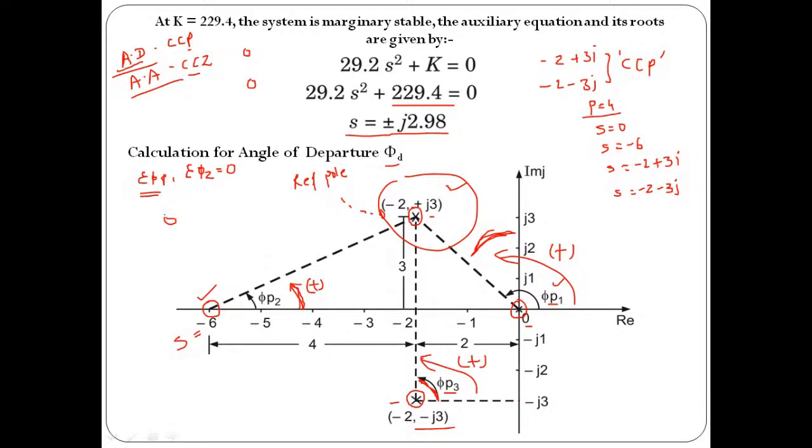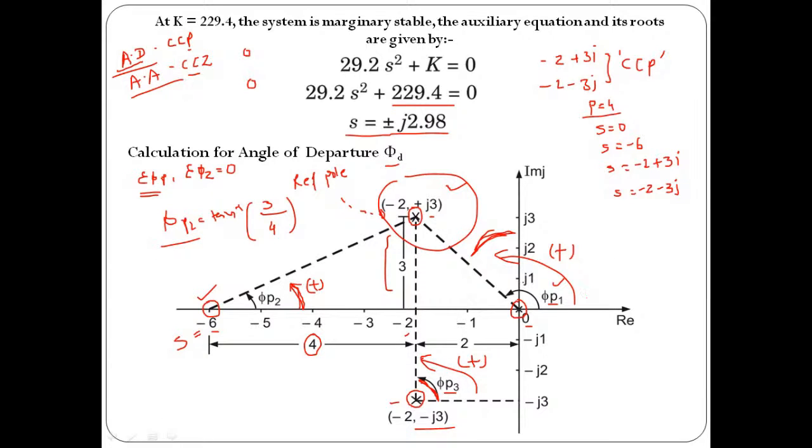So I can write phi p2 as tan inverse of opposite. This is nothing but a triangle, opposite is 3 divided by base. Here the base is going to be 4, because this is 6, this is 2. We need to calculate only the magnitude, so it will be 4. So this is the value for phi p2.